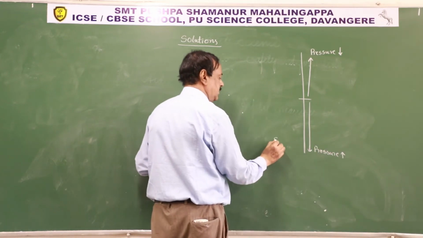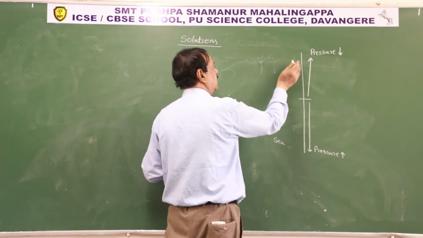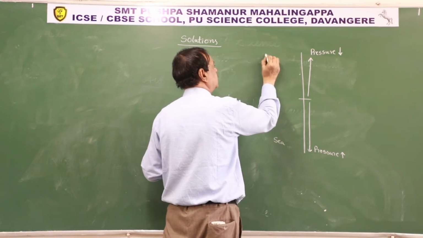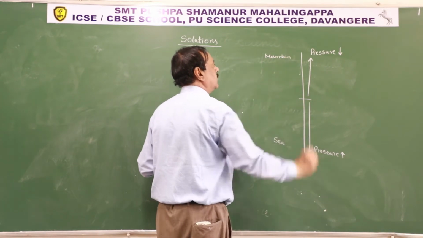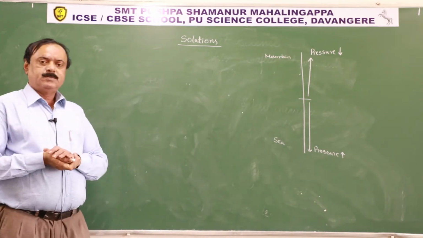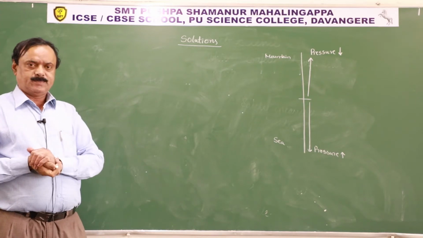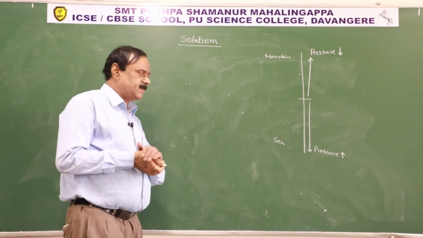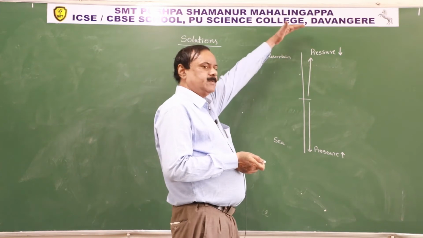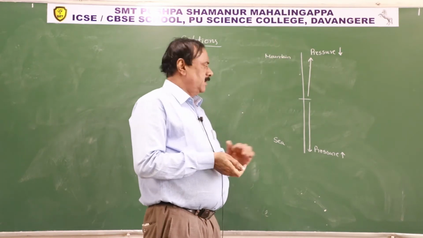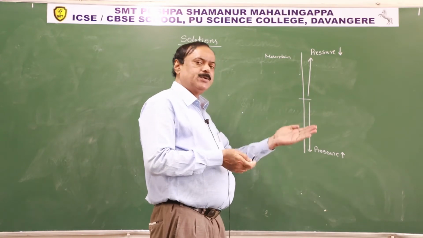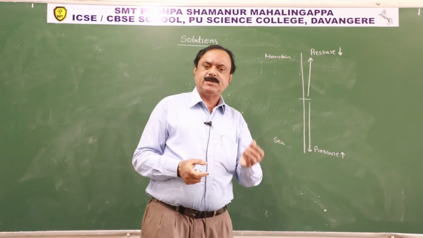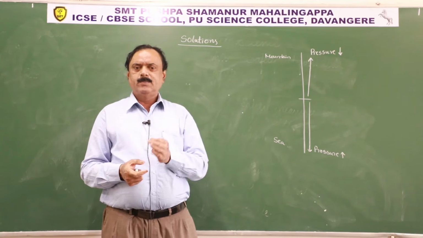This is the inner sea, and here are mountains. The mountain climbers are at a higher altitude from sea level, whereas at the bottom portion of the sea, the pressure is more.